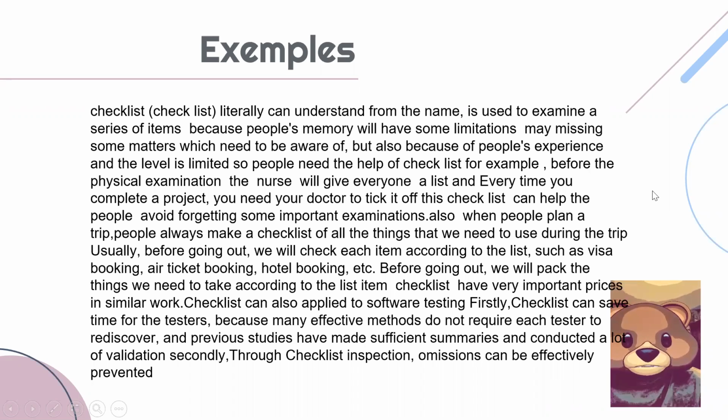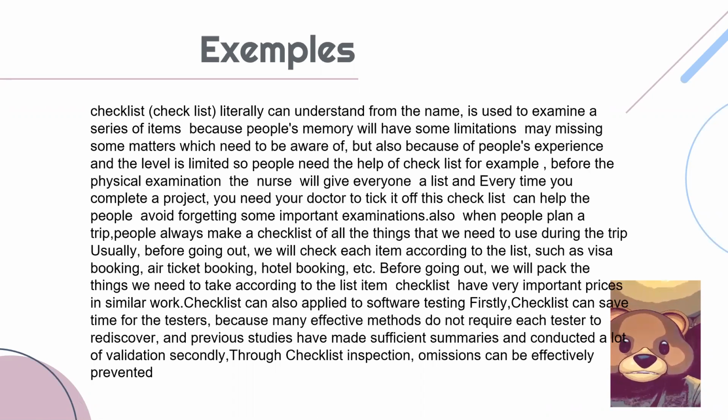A checklist, as you can understand from the name, is used to examine a series of items, because people's memory has some limitations and they may miss some matters they need to be aware of, and also because people's experience and level are limited.